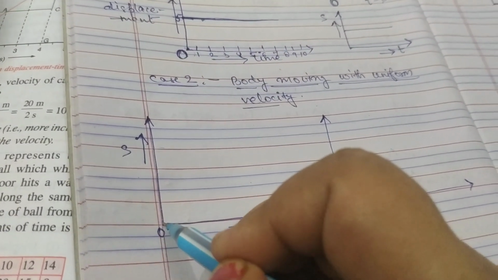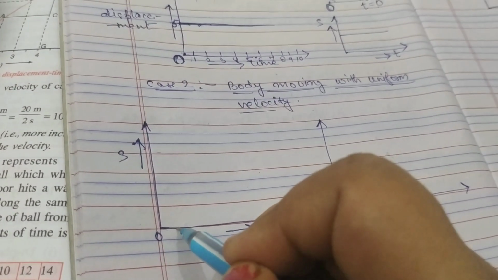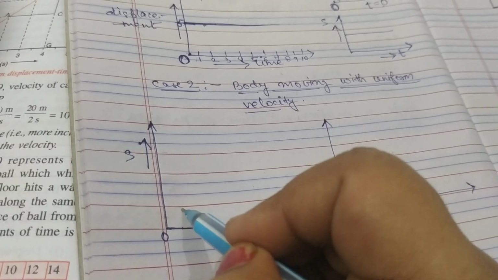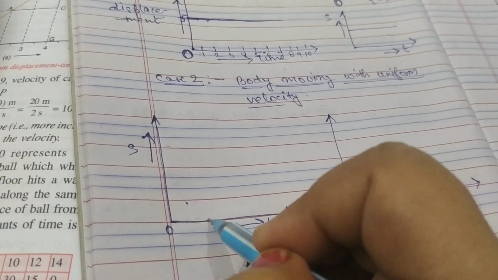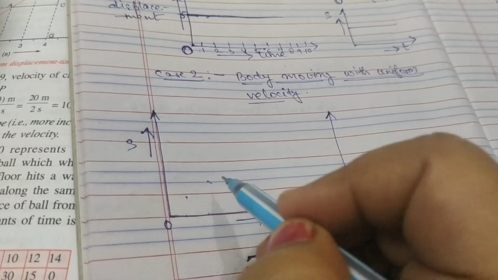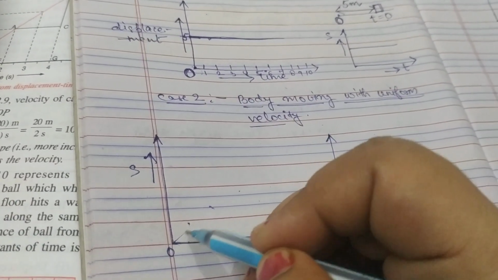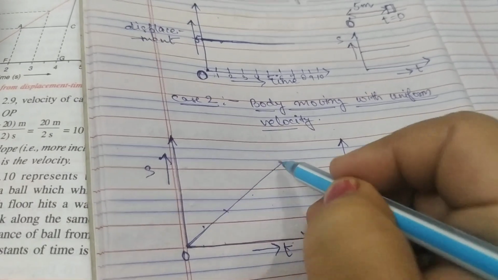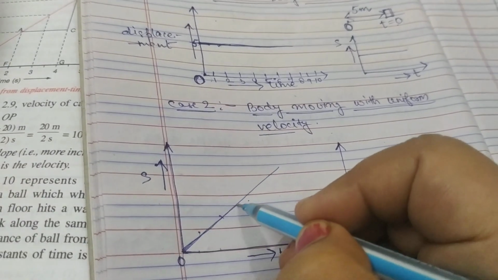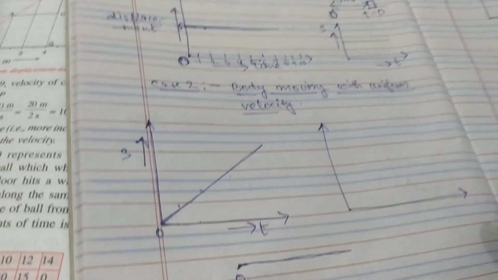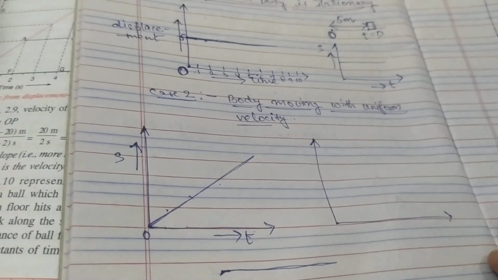At point 0, displacement was 0. At 1 second, there is some displacement. At 2 seconds, displacement increased like this. At 3 seconds, it again increased. So ultimately, this will be a straight line passing through the origin. Straight line like this. Can you see?